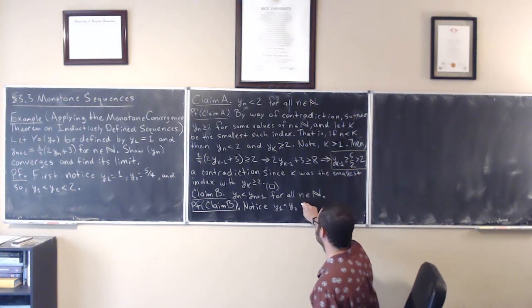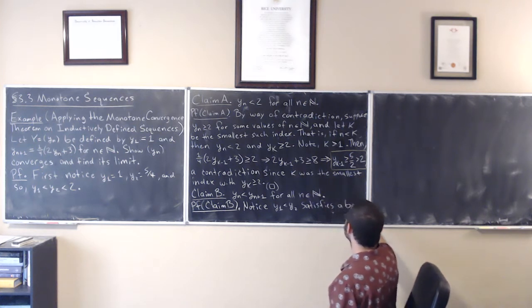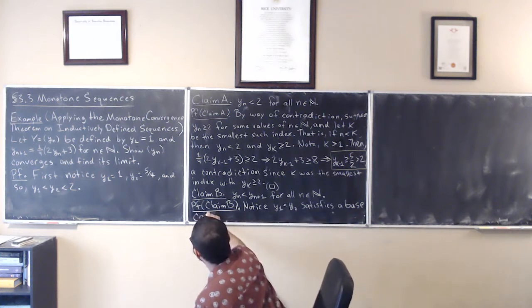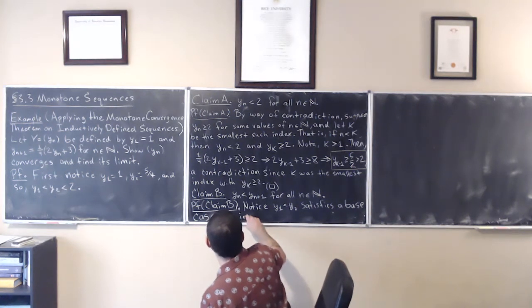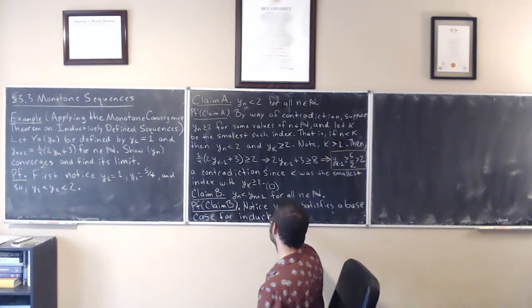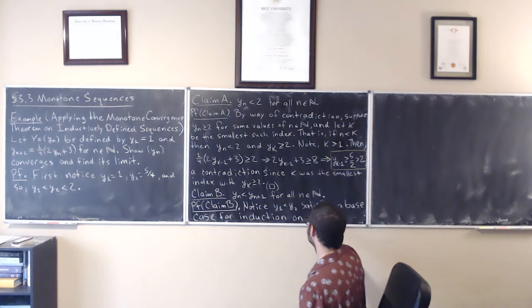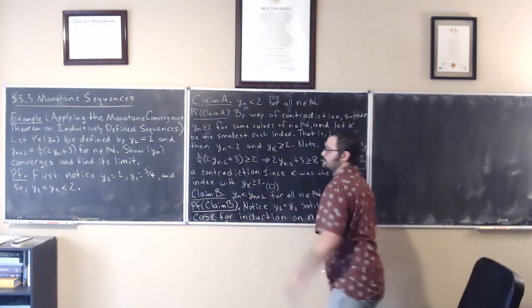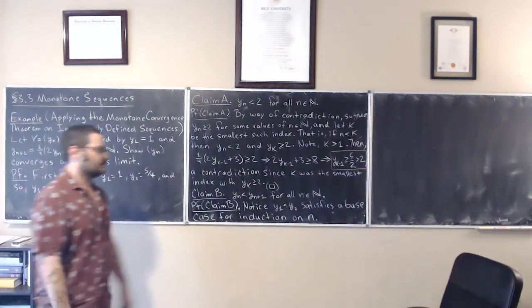Notice this satisfies a base case for induction on n. We're trying to prove this true for all natural numbers n. That's the very first term, so that's our base case, which is nice.